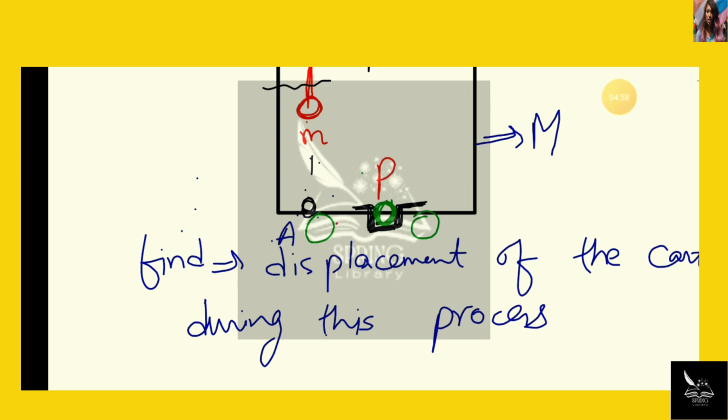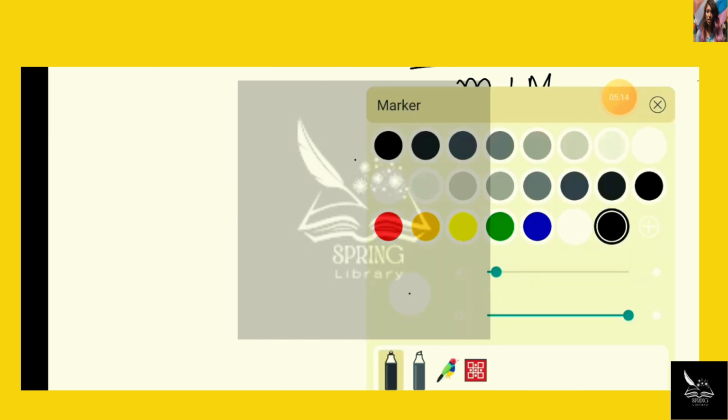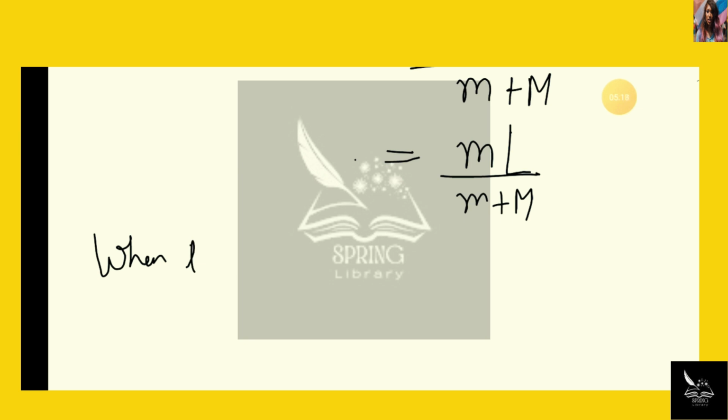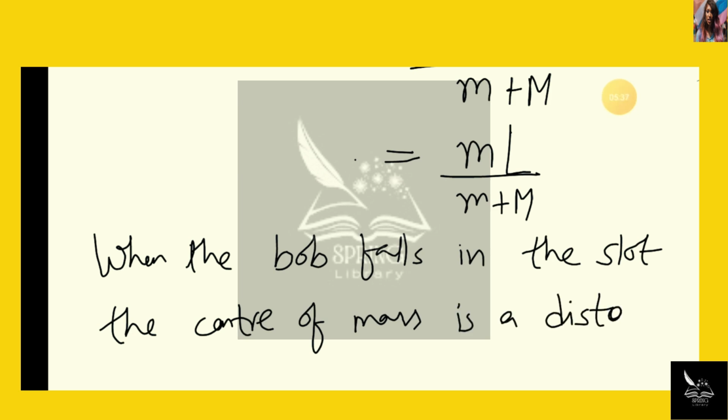So the center of mass in this new case will be 0 from point P. It means that when the bob falls in the slot, the center of mass is at a distance of 0 units from point P. Point P is where the slot is made.